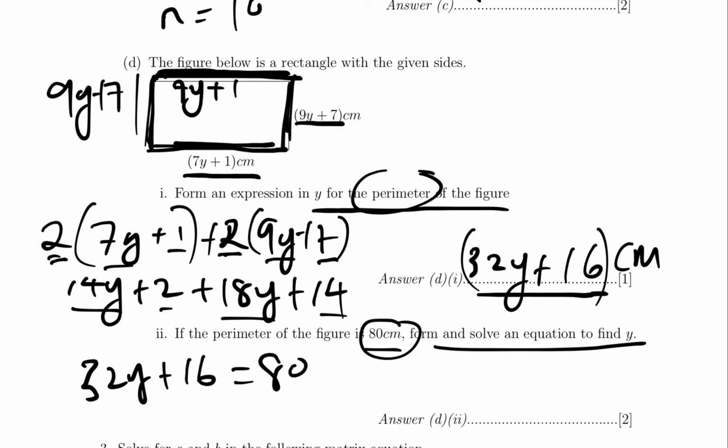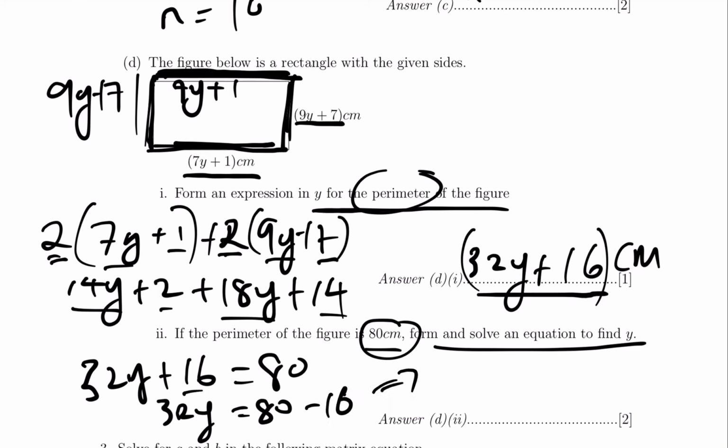This is just an equation, so we just have to solve it. We'll say 32y is equal to 80 minus this 16.